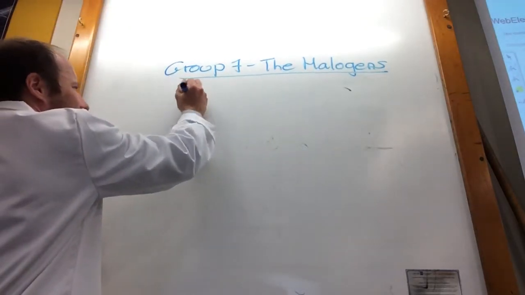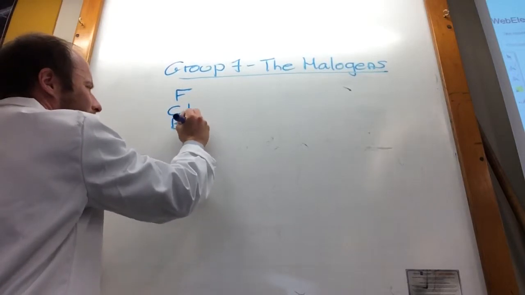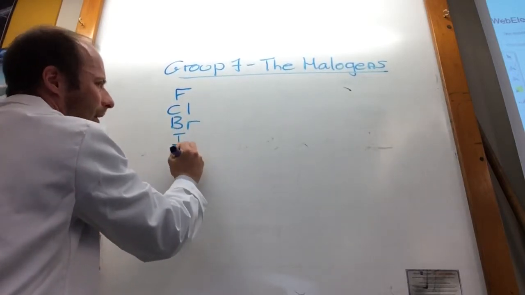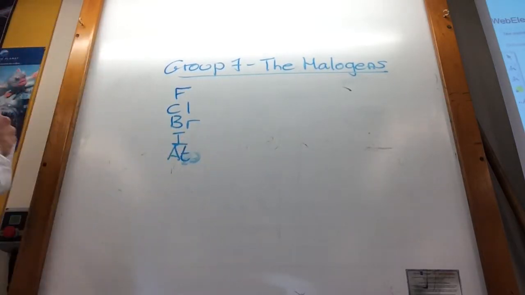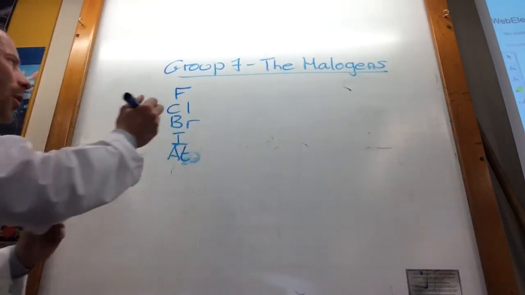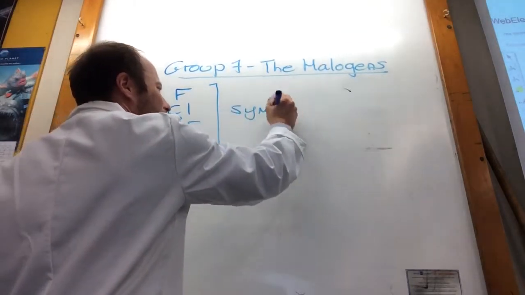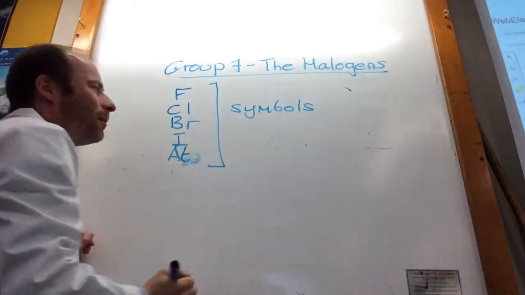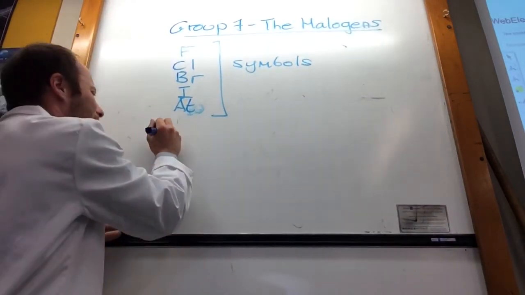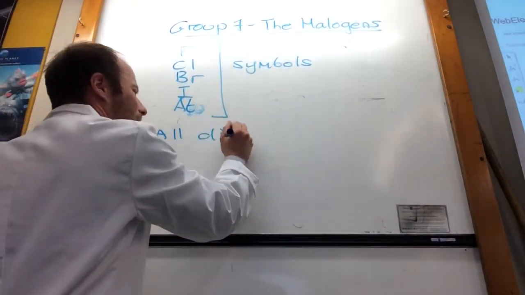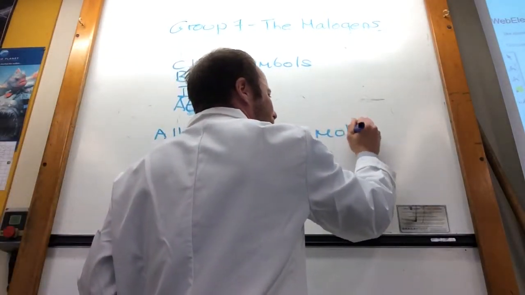Fluorine, followed by chlorine, bromine, iodine, and astatine. Okay, so those are our halogens. Now, those are how we would write their symbols, but if we write them in equations, they are all diatomic, and we say they are diatomic molecules.